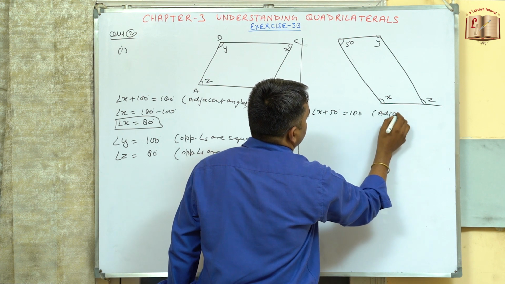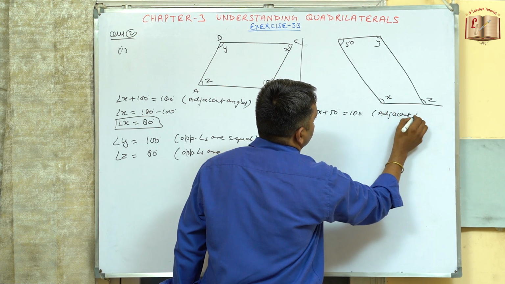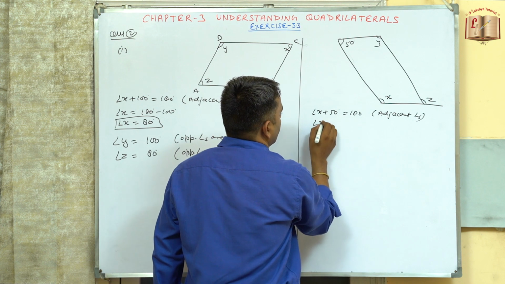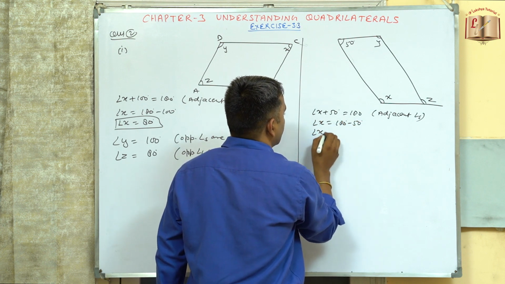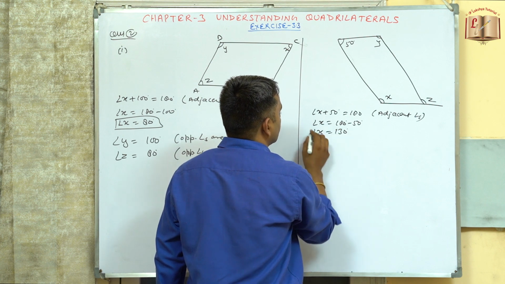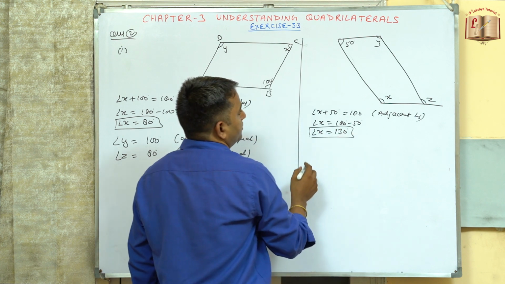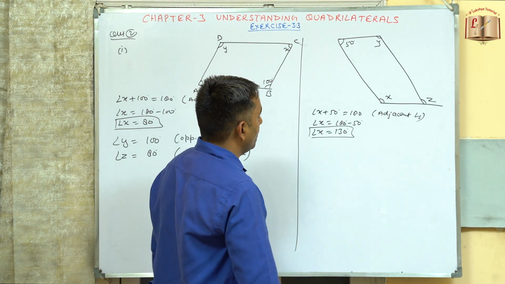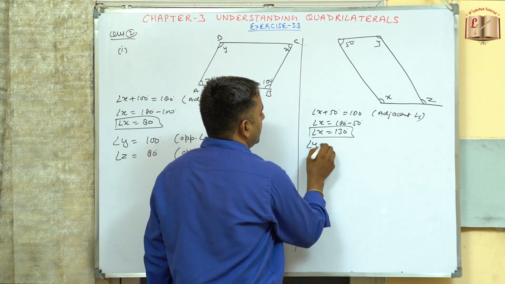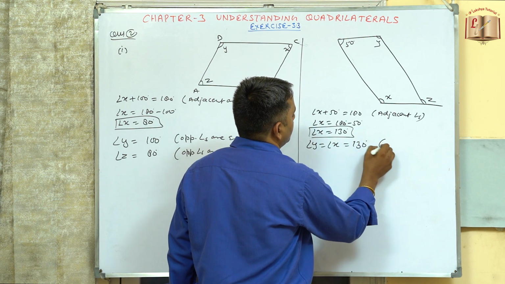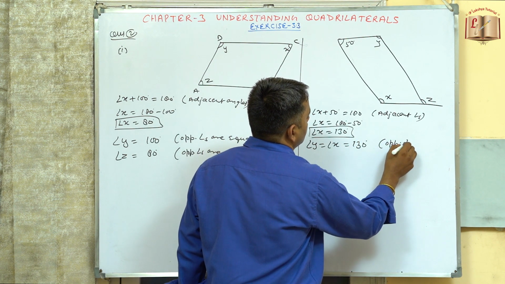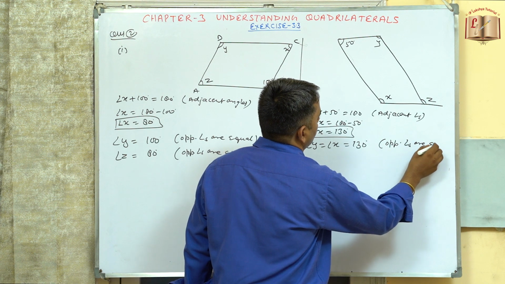These are the adjacent angles. So angle x will be equal to 180 degrees minus 50. So angle x will be equal to 130 degrees. So angle y will be equal to angle x. So it will be again 130 degrees because opposite angles are equal.